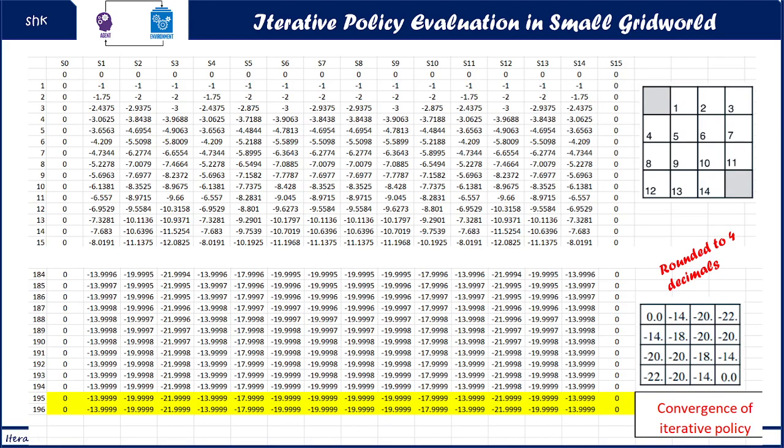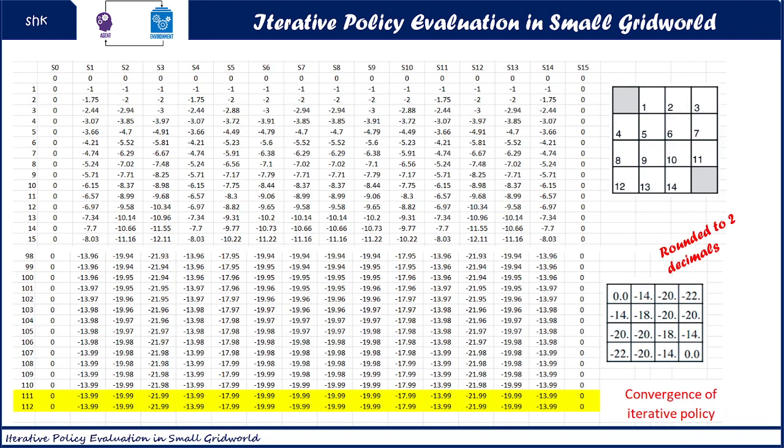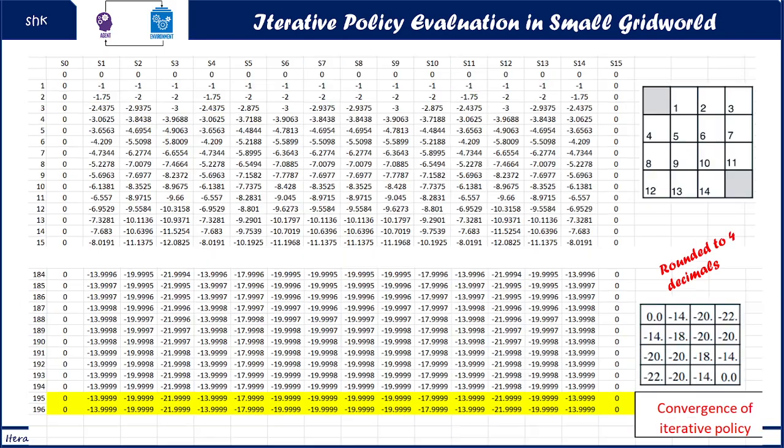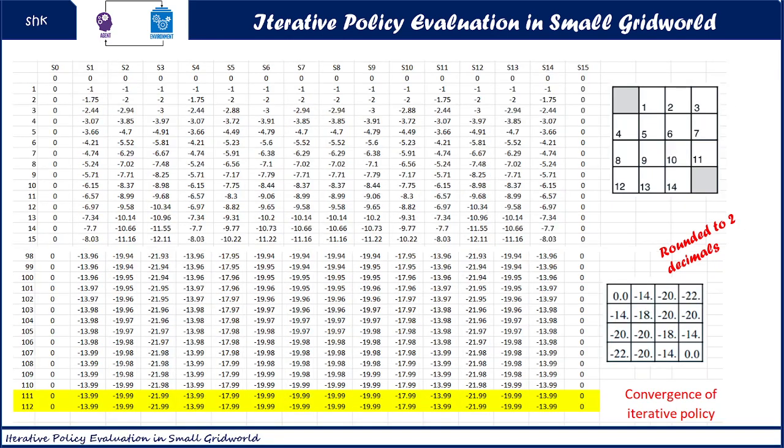With the same procedure, if you round to 2 decimals, we get the convergence in 111 and 112 iterations. Previously, for 4 decimals, 195 and 196 iterations were required for convergence, whereas for 2 decimals, 111 and 112 iterations give convergence.